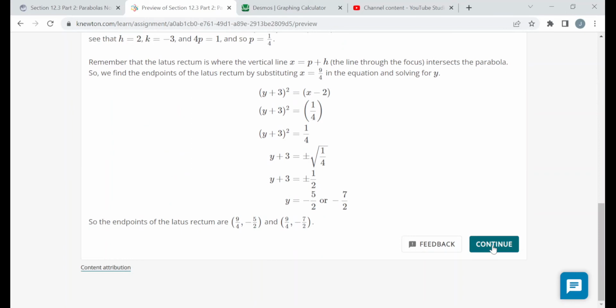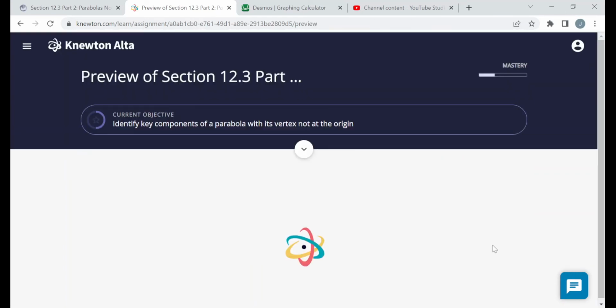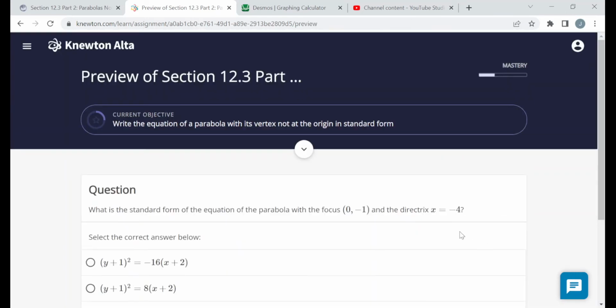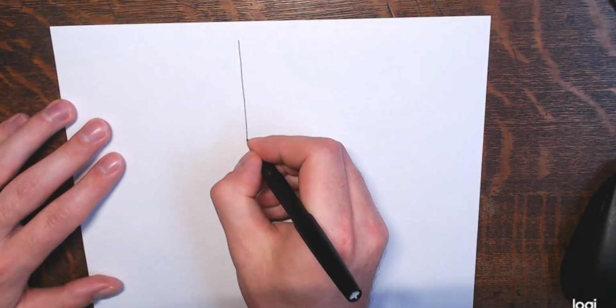All right, moving on. All right, so now this time again we're given some information about some parabola and asked to write the equation of that parabola in one of those standard forms. All right, so here we're told that the focus is at 0, -1.